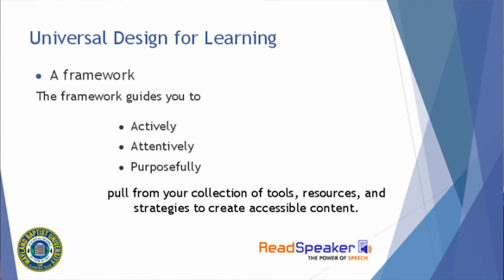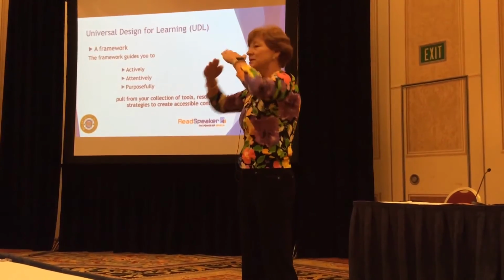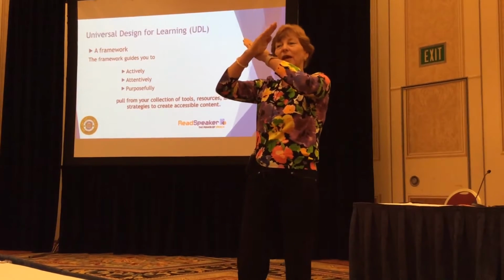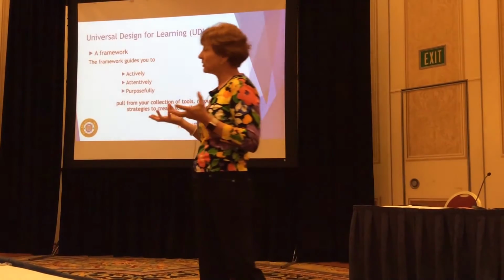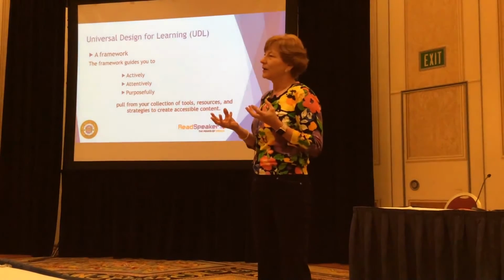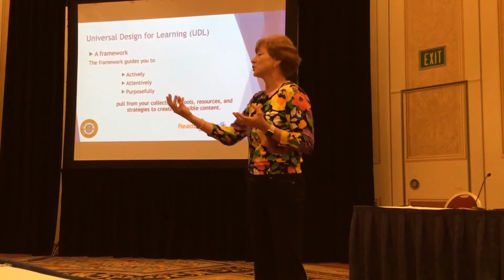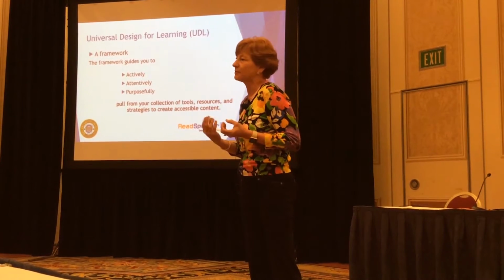So if we have a framework, we have beams or girders. Sometimes they come in at right angles, sometimes they come in end to end, sometimes they cross. And so you're going to find that the three principles of universal design sometimes intersect, and you can be addressing one principle and actually addressing all three at the same time.